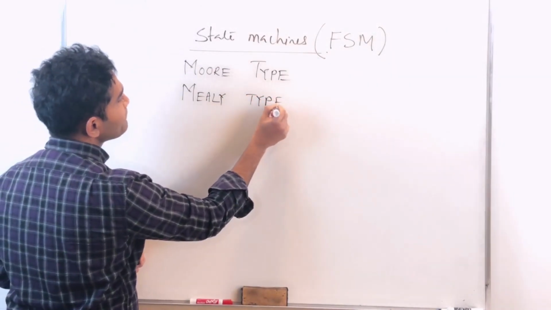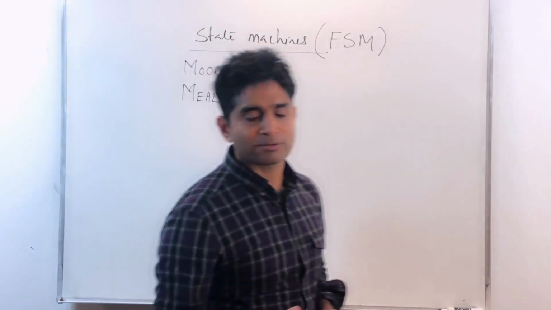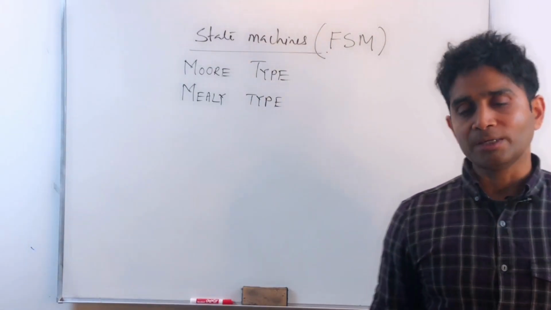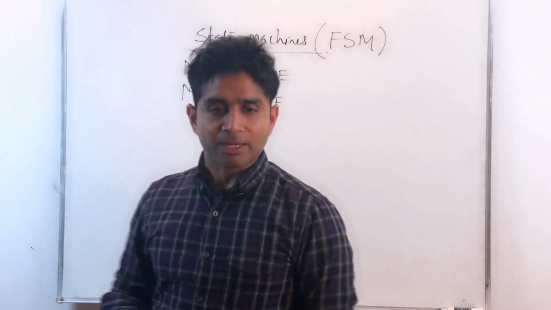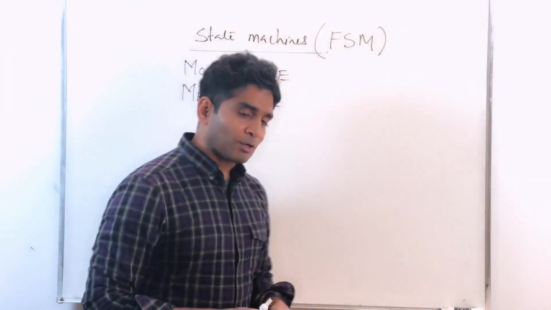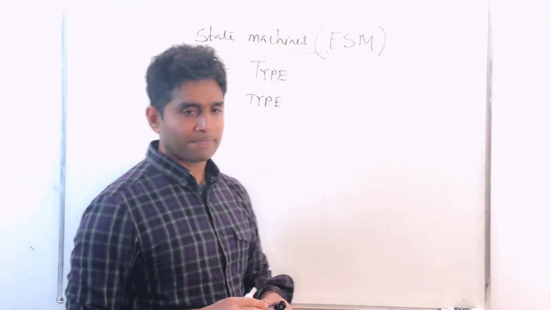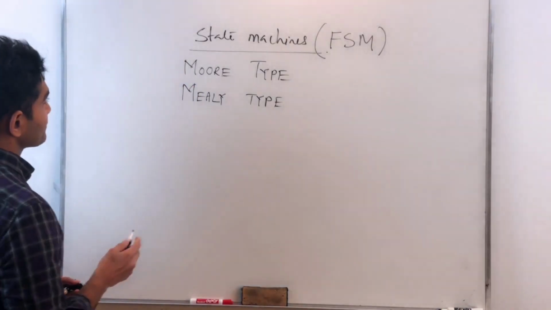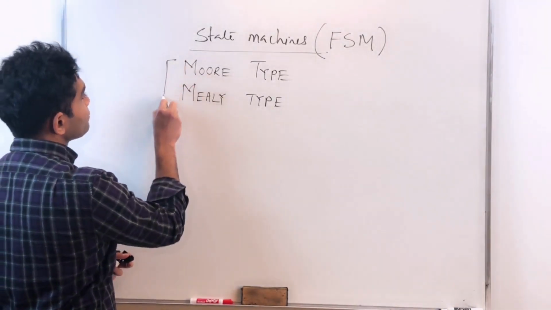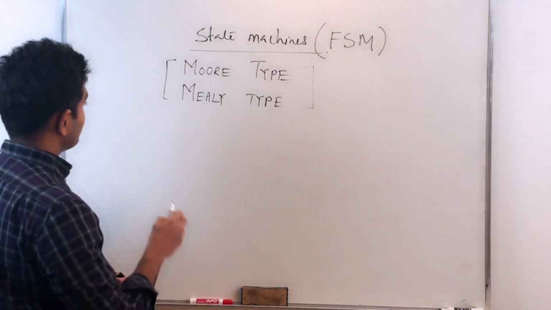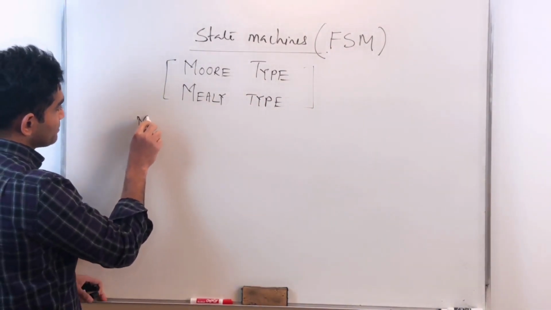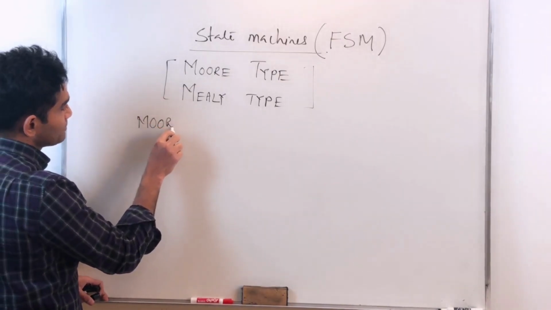Again, the only difference between these two types of state machines is the way we specify the outputs in the state diagrams. Okay, and of course how we implement these outputs. That's the only difference. Okay, but of course that's an important difference, and you will see why. Okay, so now let's actually describe the Moore type state machine. Let's start with the Moore type.